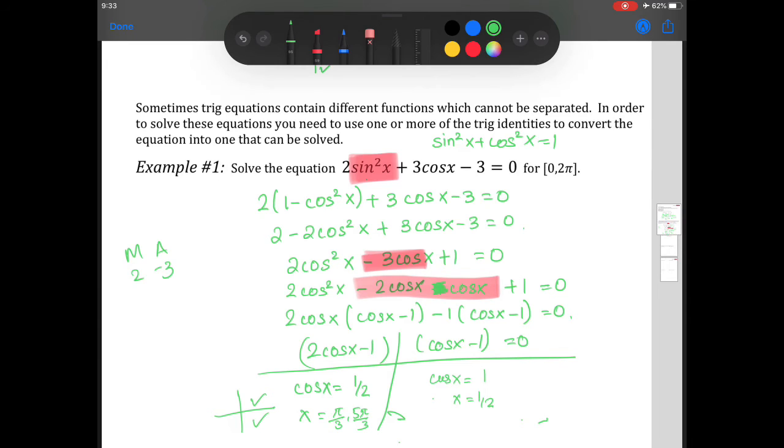Oh, not a half, my bad. I don't know why I did that. There's no 2 here. So cosine x is 1, for what values is cosine x 1? It is 0. And be careful, 2 pi is included. So yes, 0 and 2 pi.